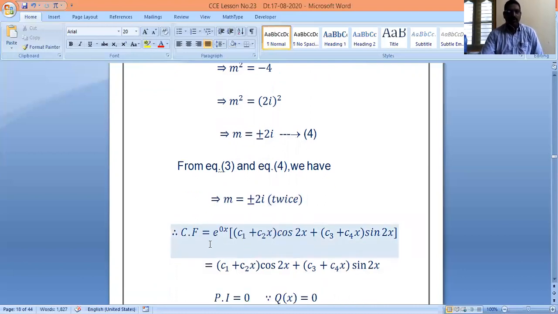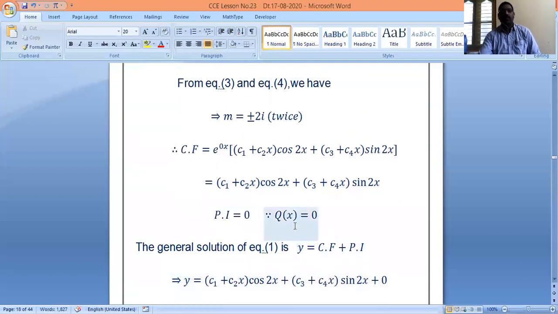Therefore, CF is equal to e power 0x into (C1 plus C2 x) into cos 2x plus (C3 plus C4 x) into sin 2x. Here e power 0x is 1. Therefore, we can write (C1 plus C2 x) into cos 2x plus (C3 plus C4 x) into sin 2x. Since Q of x is equal to 0, PI is also 0. Then the solution of equation 1 is y is equal to CF plus PI.